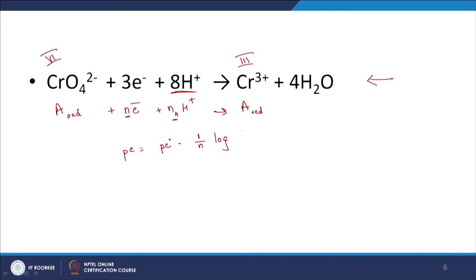And what is q dash in this case? It is the activity of Cr3 plus, times the activity of water, which in dilute solutions is equal to 1, divided by the activity of CrO4 2 minus. We do not include the electrons term in q dash, times H plus to the power of 8. And this n should now have been 3.